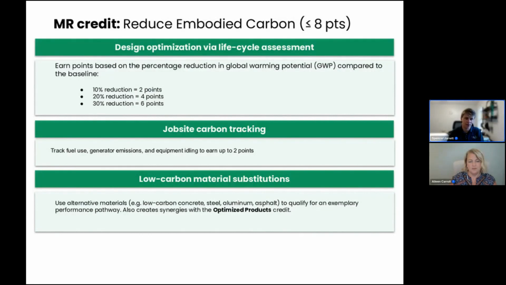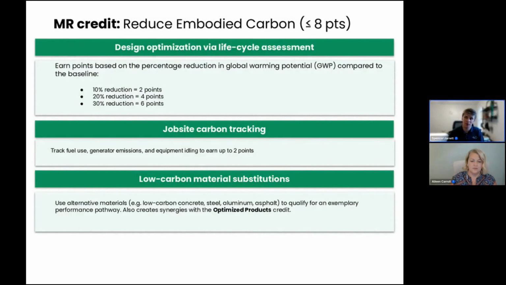It will actually identify the top 5 hotspots. So you can find those pretty easily. And then you need to choose different materials, use less materials, or be more thoughtful about where the materials are coming from in order to meet that 20% reduction.